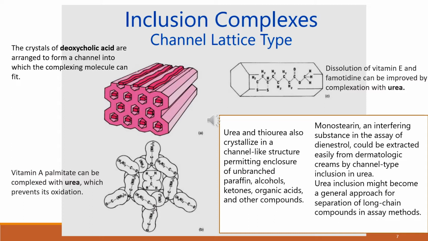Example, monostearin. Now, this monostearin acts as an interfering substance in the assay of dinesterol, and hence it can be extracted easily from dermatological creams by channel type inclusion with urea. Urea inclusion might become a general approach for separation of long chain compounds in assay methods.